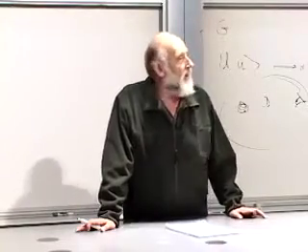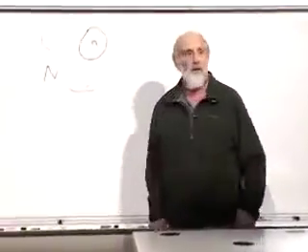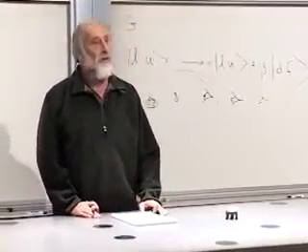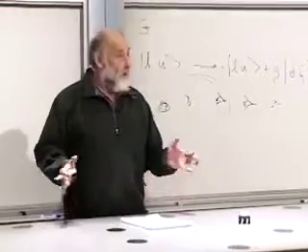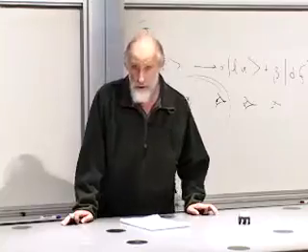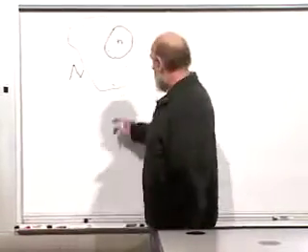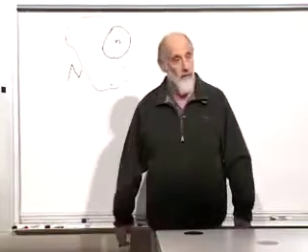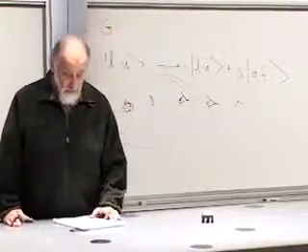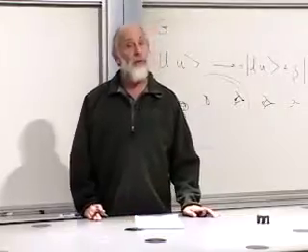Then we would say we're ignorant, and our degree of ignorance is little n. It could be in any of little n states. The bigger little n is, the less we know about the system, right? If little n was just 1, in other words, that would be the situation where we know exactly what the state of the system is, one known state of the system, then we would say little n is 1. In that case, we would say the entropy is 0.